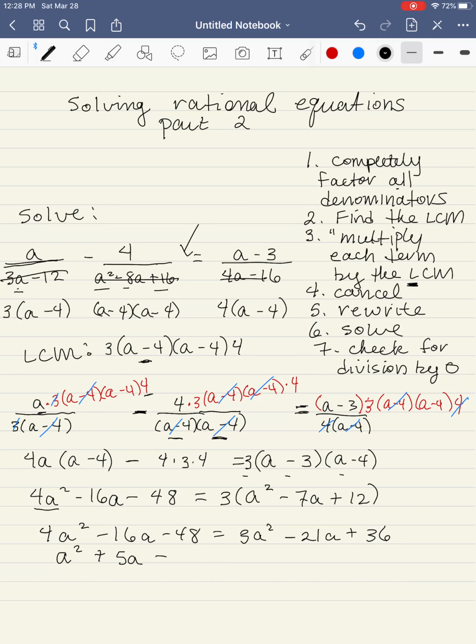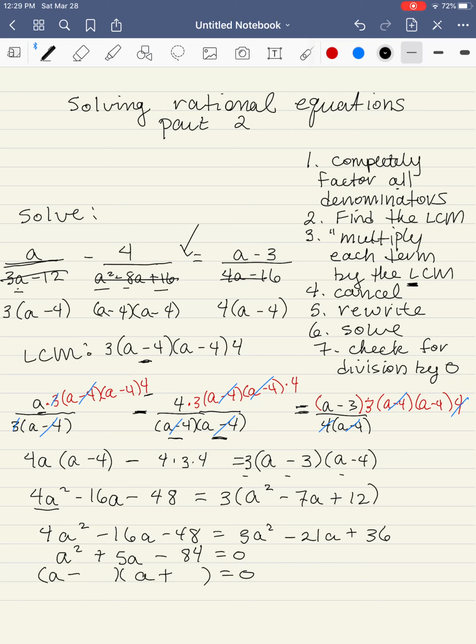Let's see, minus 48 minus 36 is minus 84 equals 0. No coefficient, so it's just a times a. Two numbers that multiply to give me negative 84 and add to give me 5, so they have a difference of 5.